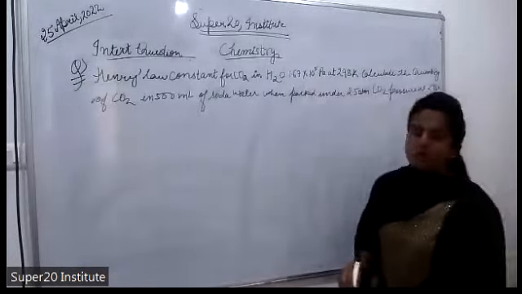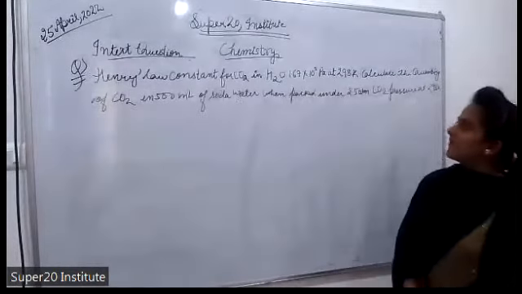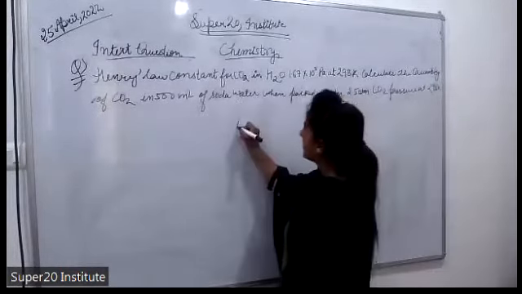So we have to use Henry's law, and the Henry's law constant given is for carbon dioxide, that is KH.